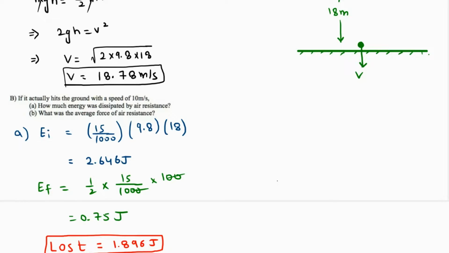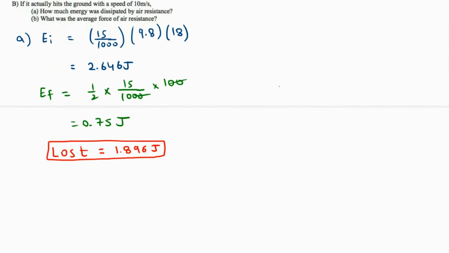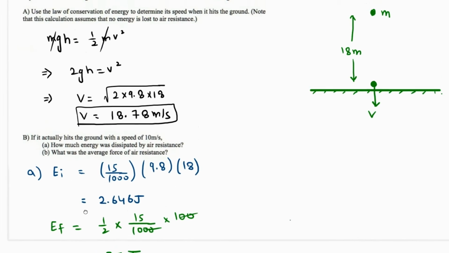And what is the average force of the air resistance? We already know the work done by the force, because this is the work done by the air. Work done is force times displacement, and the displacement is the same as the height, which is 18.